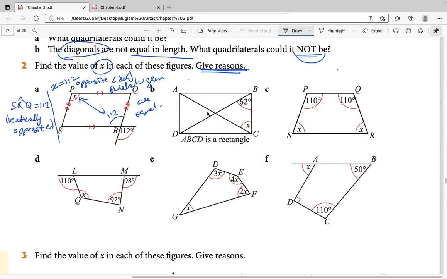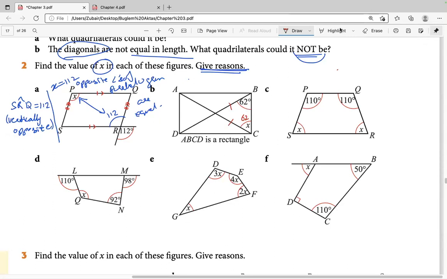And then if we do it to the other side, that's also 62. X is directly 62, and you've already stated the reason that it is an isosceles triangle. So without working, we can write 62 and state that it is isosceles.